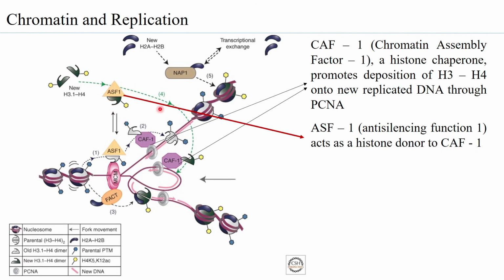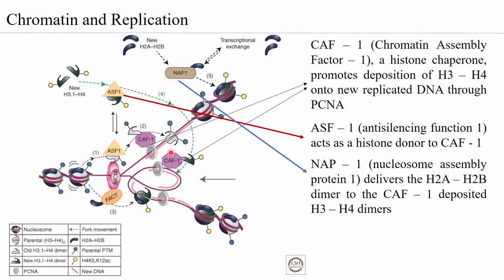It brings them to CAF1, where CAF1 is bound with the H3H4, and gives them to CAF1, and then CAF1 helps in assembling the H2A H2B on the existing H3H4 dimer which is already bound to the DNA. So around a newly assembled nucleosome the DNA is bound again. So these two molecules help in assembly of the chromatin.